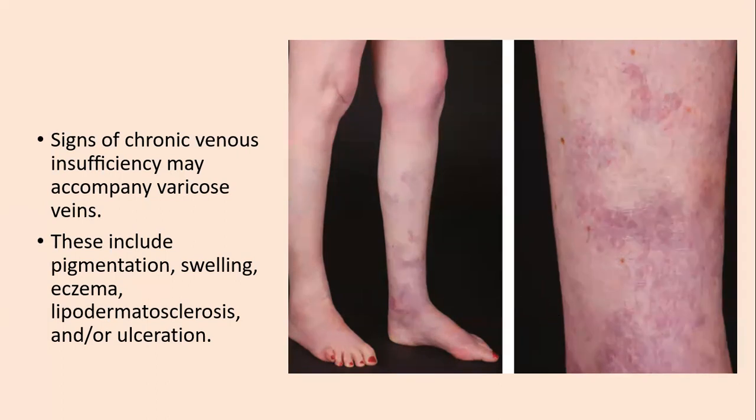You must note the signs of chronic venous insufficiency, and these signs include pigmentation, swelling, eczema, lipodermatosclerosis, and ulceration. We are going to discuss these signs individually as well.